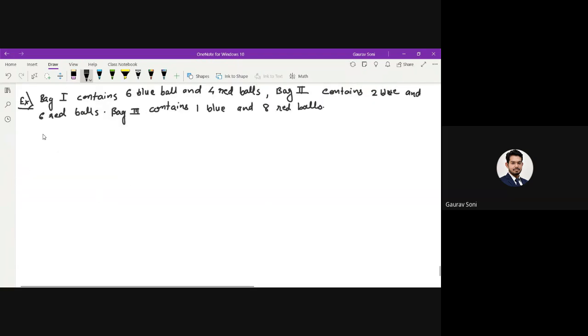Question number 1: a bag is chosen at random. A ball is drawn randomly.